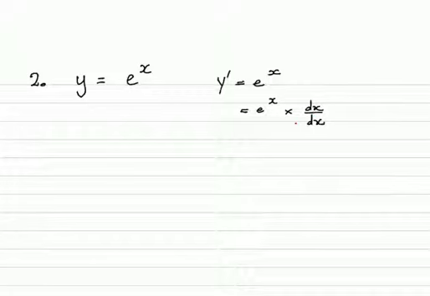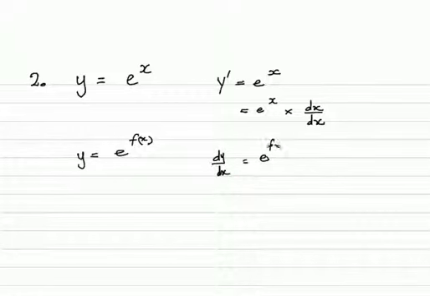Let's say now, if I had a function y is equal to e to the power of f of x. Now we're in the situation of a chain rule. If I apply the same principle, I'm going to say the derivative dy/dx is equal to e to the power of f of x multiplied by the derivative of the argument.